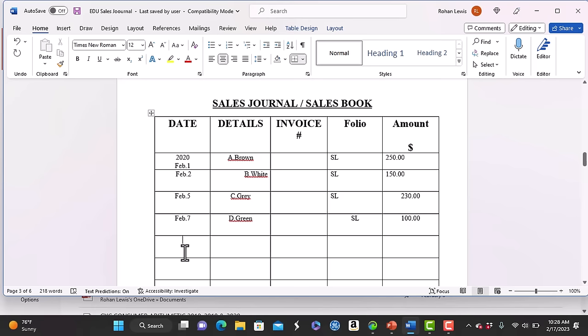And then on February 8th, we have the fifth transaction. Name of the customer is A. Brown. Folio, sales ledger. All of these folios will be sales ledger. The amount $150.